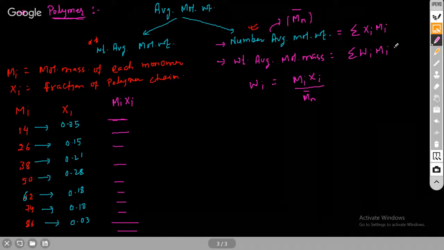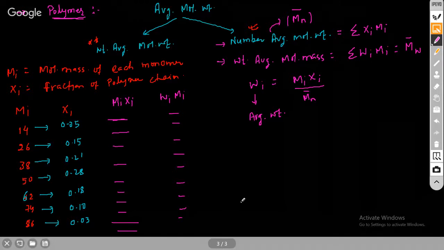Weight average molecular mass is Mw bar, W stands for weight. So weight average molecular mass is this, number average molecular mass is this. wi is the weight fraction for each monomer. So you have to find out wi mi, and add these again, you'll get the weight average molecular mass.